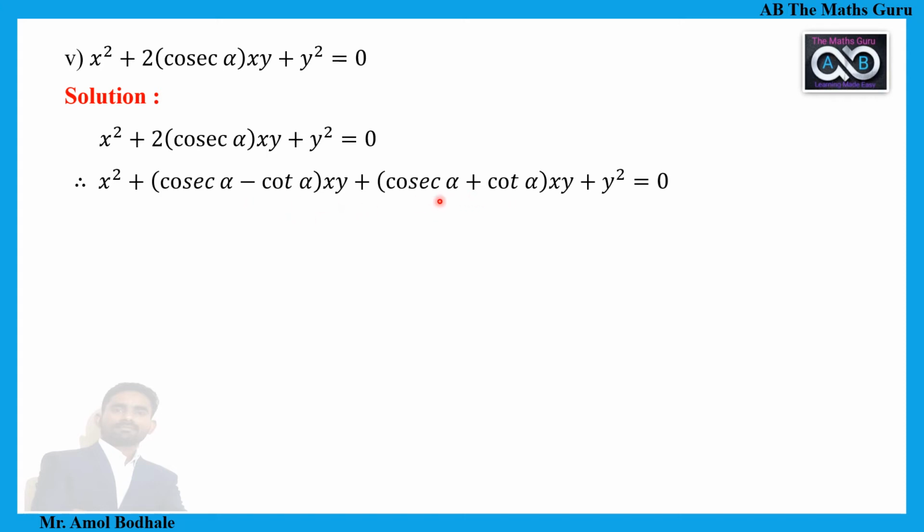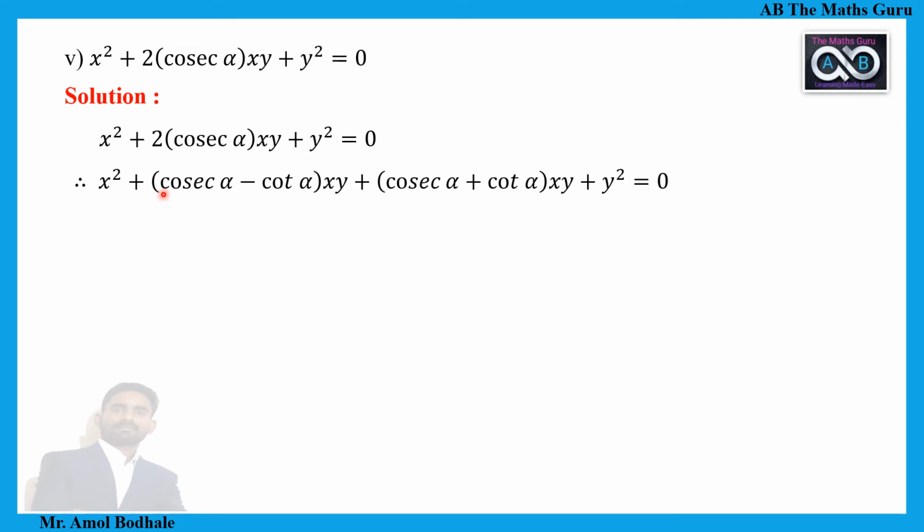If we take the product of these two, we will get cosec square minus cot square, which is 1, and if we take the addition of these two, cot will be cancelled, we get 2 cosec alpha. That means these are the two numbers such that their product is 1 and their addition is 2 cosec alpha.